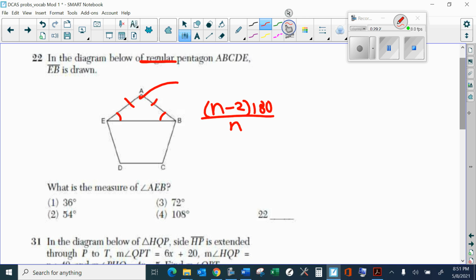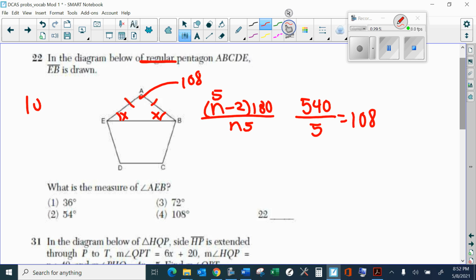Remember, n minus 2 times 180 is the total sum of the interior angles, and then we're dividing by n because it's all equiangular. So n was 5. So 3 times 180 is 540, divided by 5 is 108. So A is 108. Well, now we have the base angles congruent. We can call that x and that x.